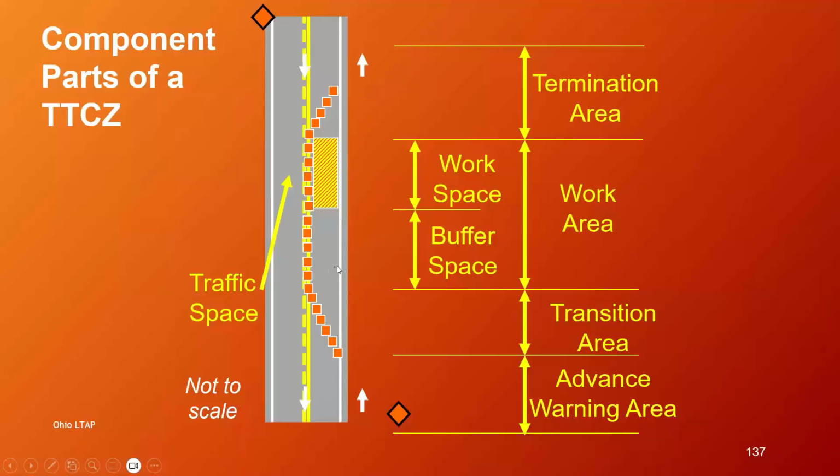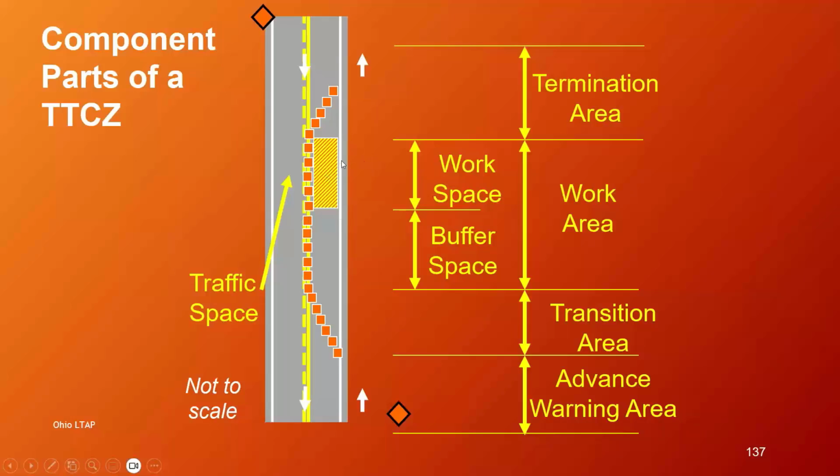And then we have where the taper hits the center line, between there and the actual workspace, which is this yellow hatched out area. You'll see this vacant area where there's no cars or trucks or equipment or materials. It's completely vacant. It's called the buffer space.